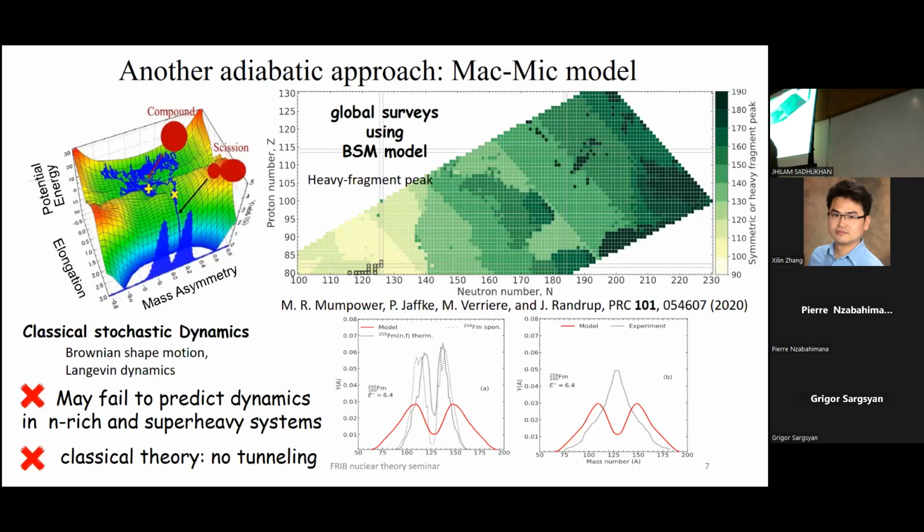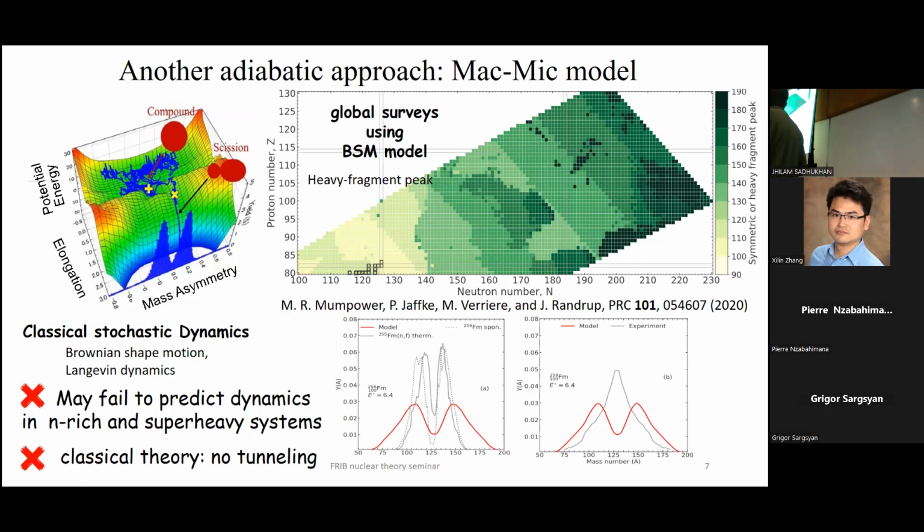Also, we have the method which is called the macroscopic-microscopic method. Basically, here we calculate the potential energy surface using macroscopic-microscopic interactions. So the macroscopic part comes from the liquid drop calculation, and then shell correction is included in that.